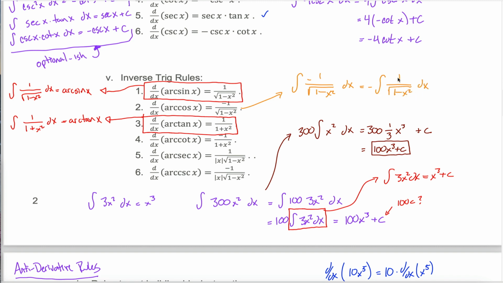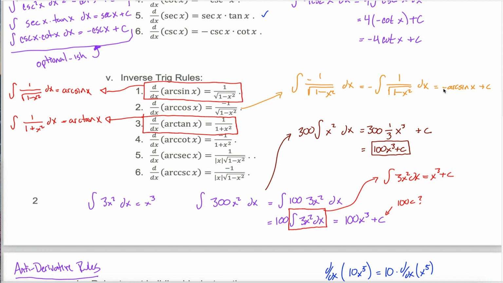But the antiderivative of 1 divided by the square root of 1 minus x squared is something I already know. That's arcsine of x. Therefore, the antiderivative of the negative of 1 over the square root of 1 minus x squared is just equal to negative arcsine of x plus c. We don't need a rule corresponding with this derivative because we can just factor the negative in front of our antiderivative symbol and use this rule instead.